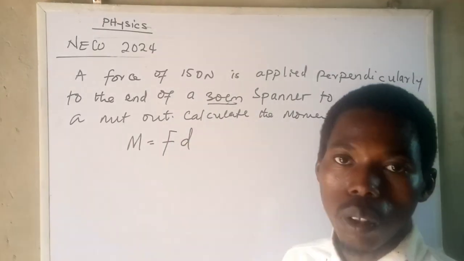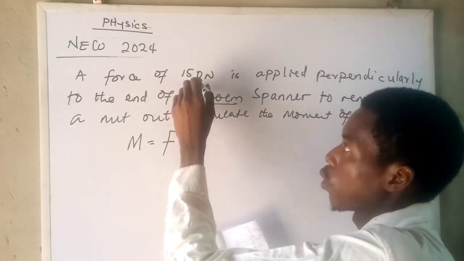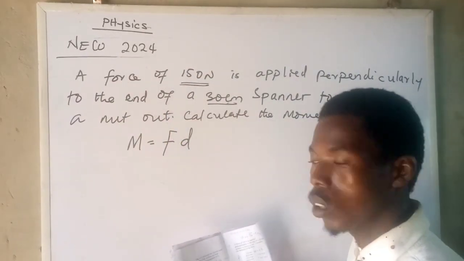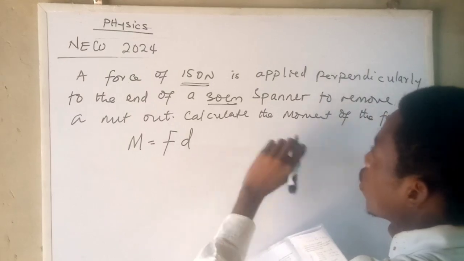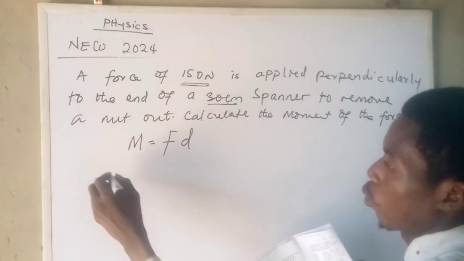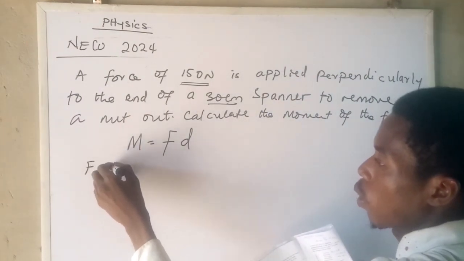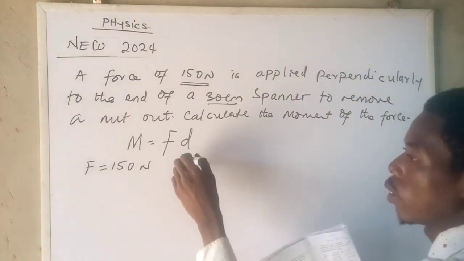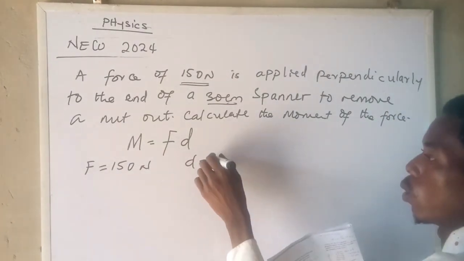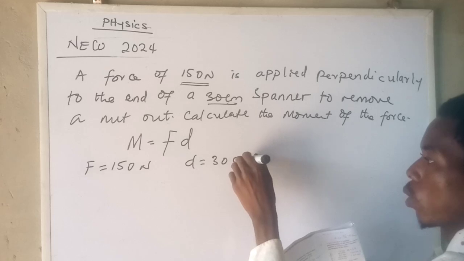So the force is already given to us as 150 Newton, and then distance is 30 centimeters. So F equals 150 Newton, and then D equals 30 centimeter.